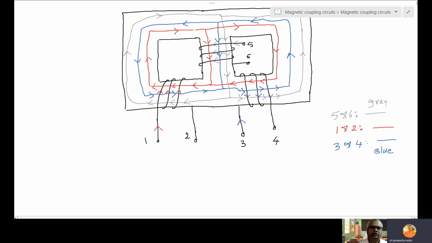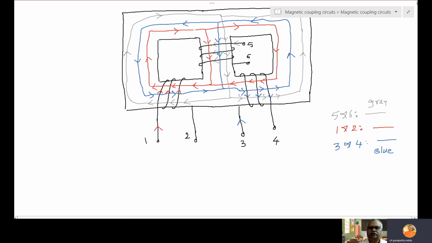Red and blue only. So red, blue direction is opposite.